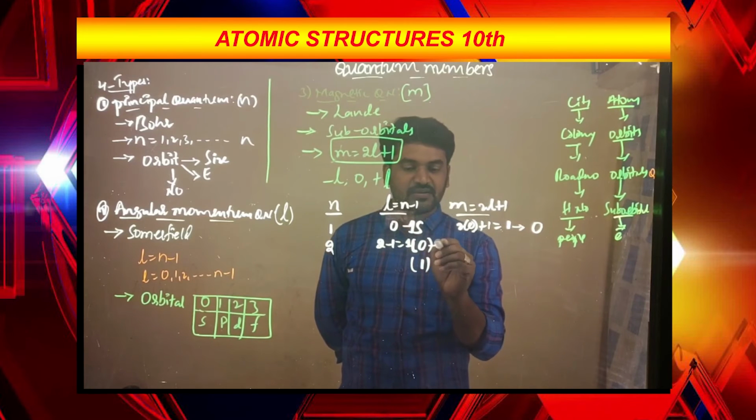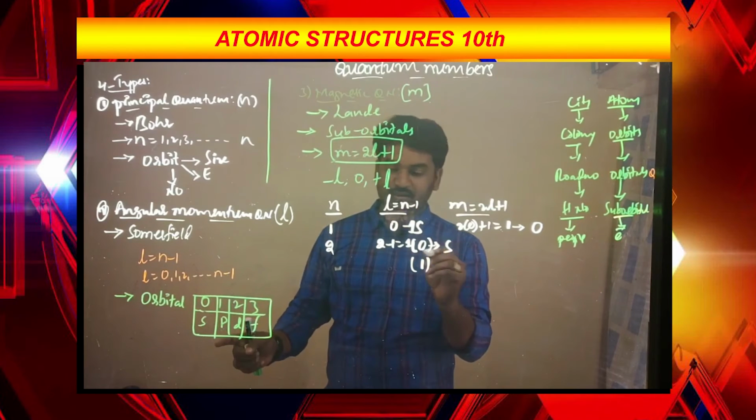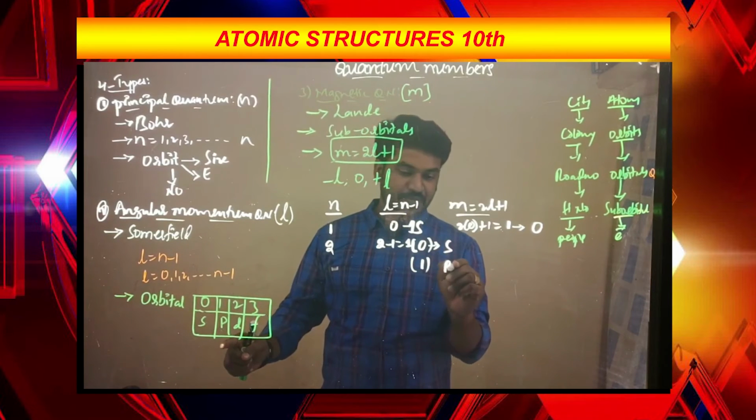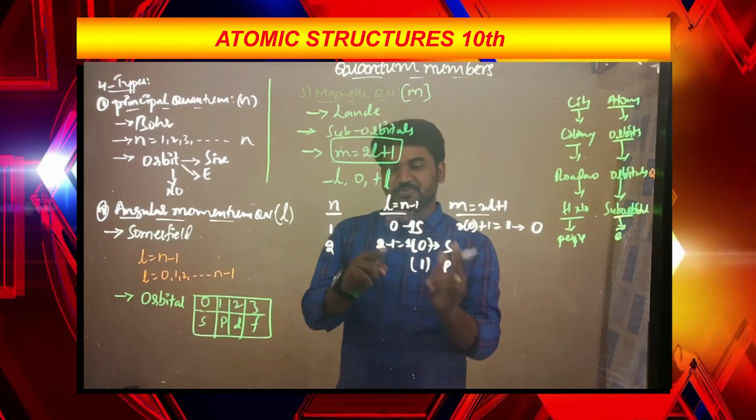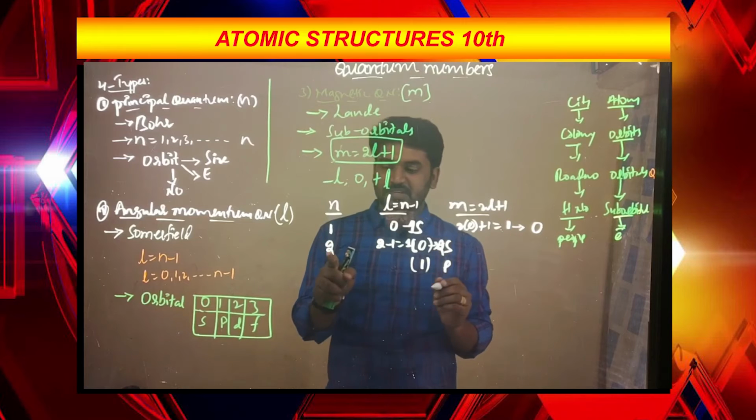What is 0 here? s. What is 1? p. The s is present in the second orbit, so 2s, and p present in the second orbit, so 2p.